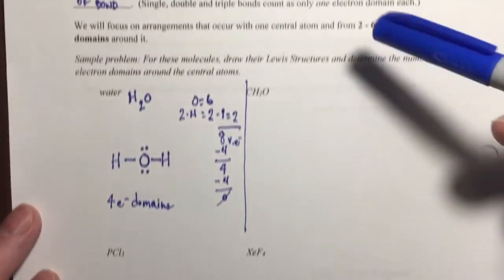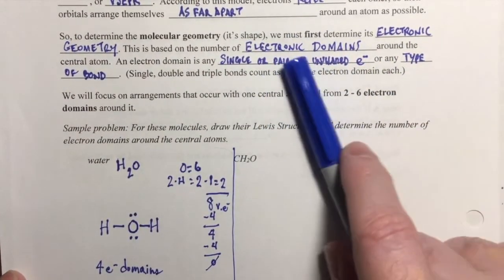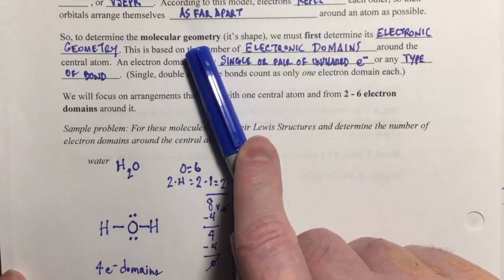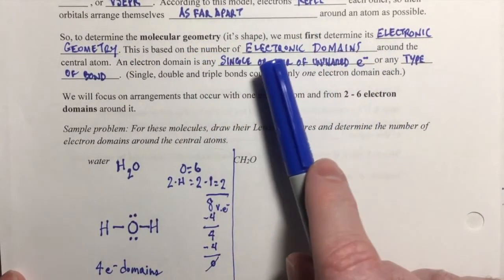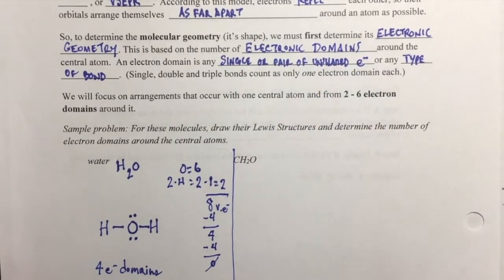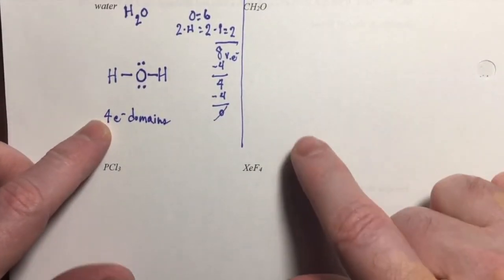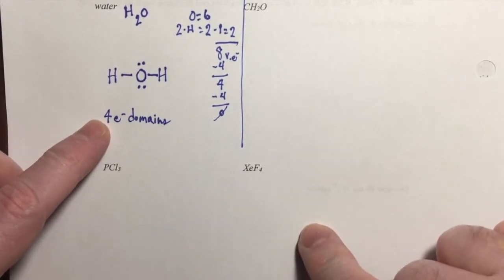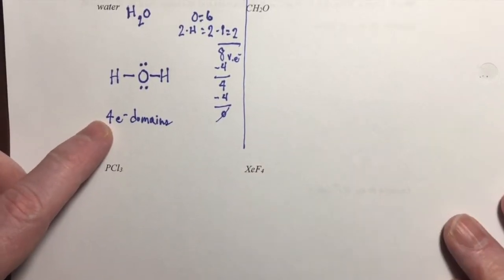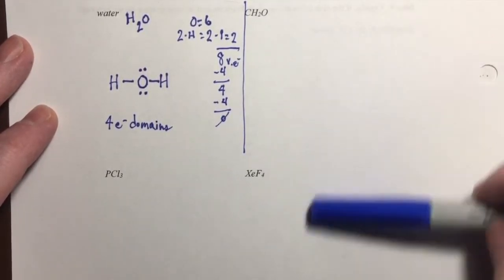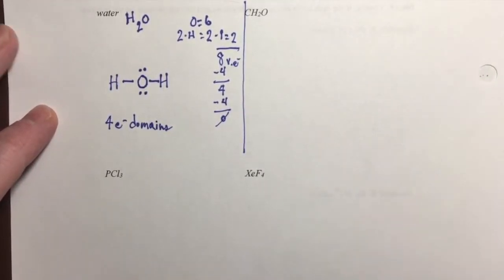And the reason we're doing this is because we have to determine the electronic geometry before we can determine the molecular geometry. And the electronic geometry is based on the number of electron domains. So we have to have the number of electron domains before we can move on and determine any three-dimensionality of the species. So go ahead and pause the video now and work through those three, and when you're done, resume the video and I will work through this.